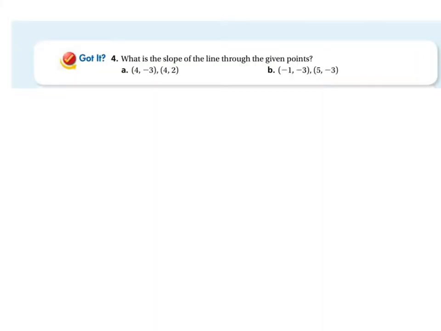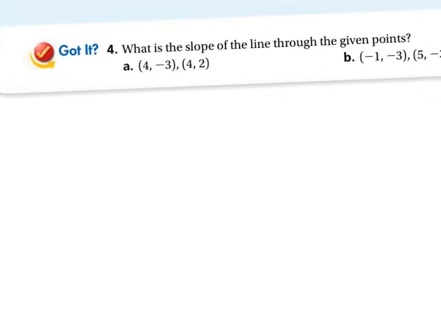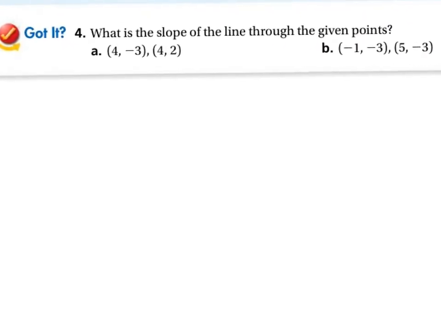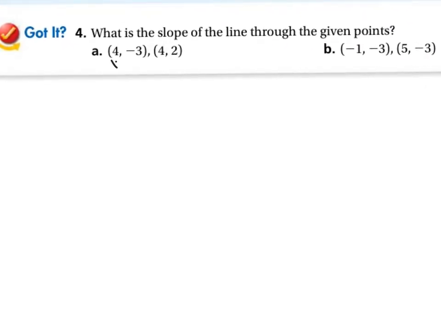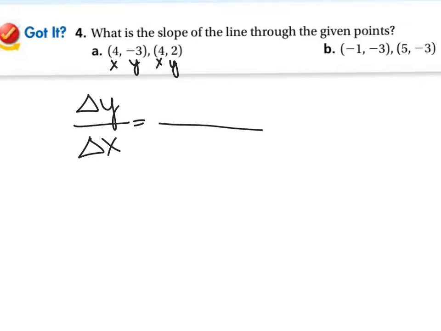So if you look at the Got It number 4, they're asking for the slope between these points. Just like we've done before, we can do change in y over change in x. If you'd like to, you could graph these. From the graph, you might be able to just tell what's going on. So change in y's, you can do 2 minus -3.